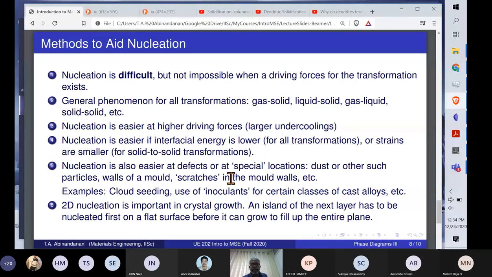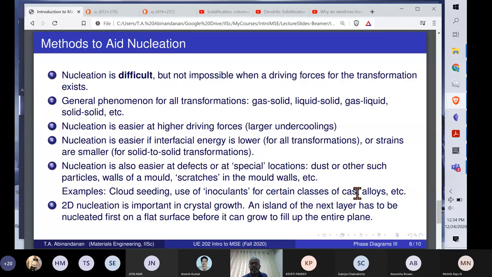For example, an everyday household experience is to boil water, and in the first stages of boiling, when you do this at home, typically the water bubbles start at the scratches on the vessel walls. So nucleation happens in these situations as well. So cloud seeding is something that I've already mentioned.